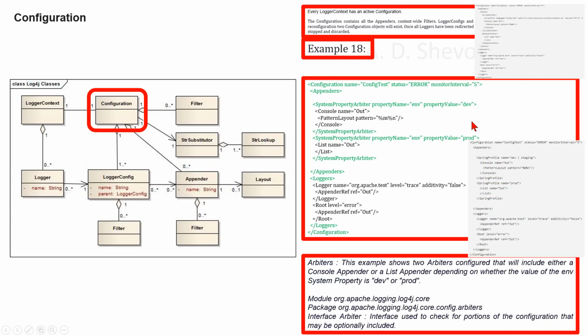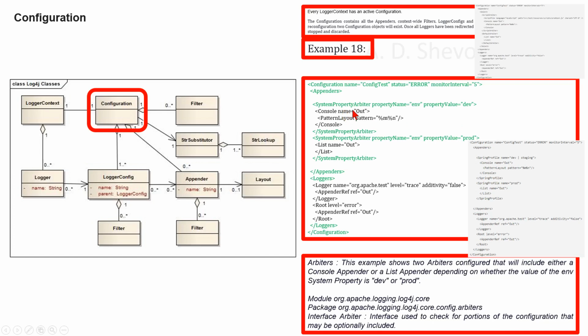One way to handle this is to use a tool such as Spring Cloud Config Server, that can be environment aware and serve a different file for each environment. Another option is to include arbiters in the configuration.